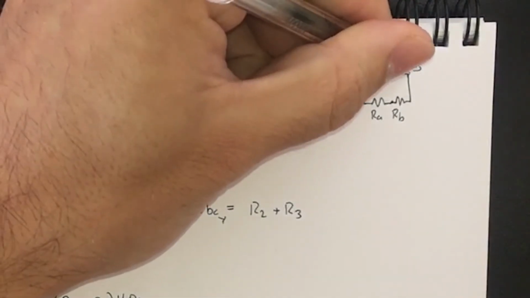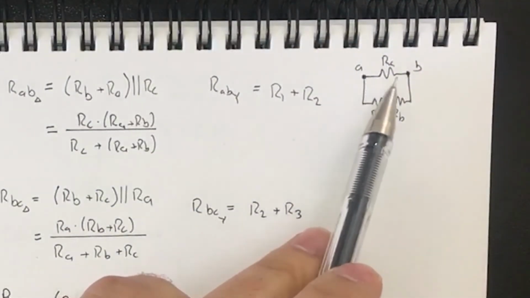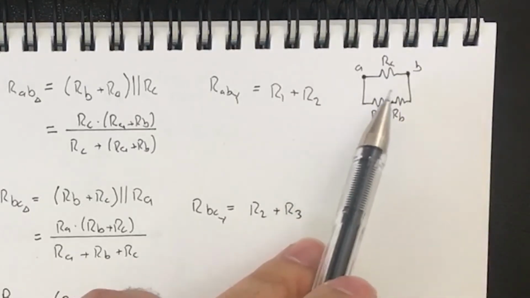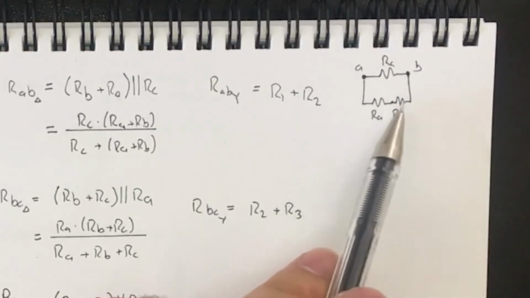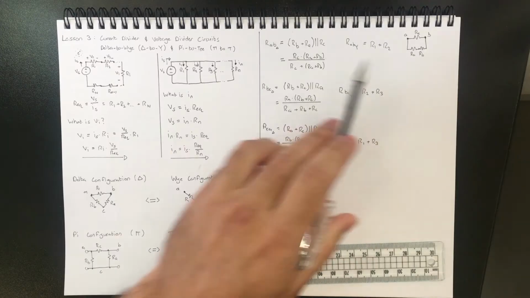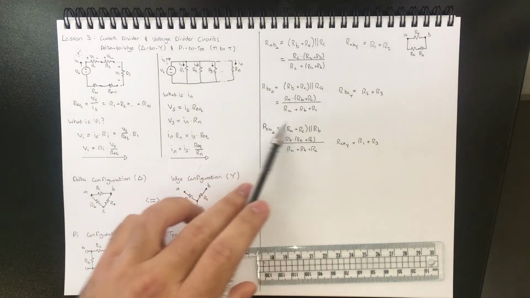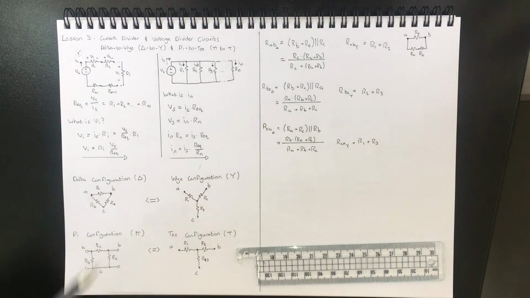So here, perhaps it's more clear why it's the parallel combination of resistor RC with the series combination of RA and RB. So we sum these first, and then we do the parallel combination with RC to get RAB. And we do this similarly for each of the resistances between the nodes.